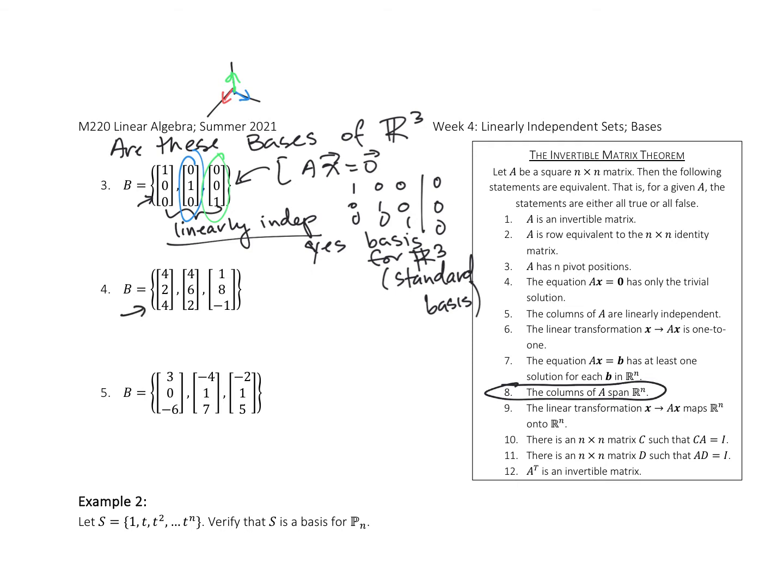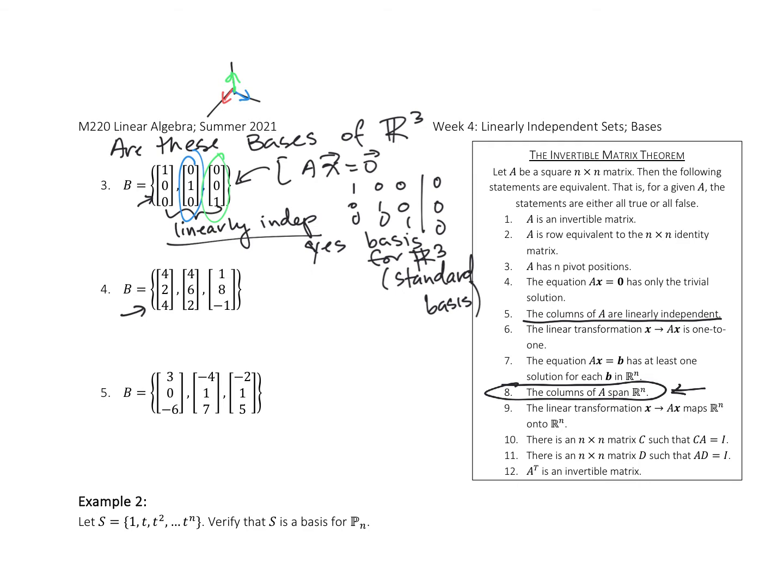Now, each of these vectors is in R^n. So if I can show that all three of those vectors are linearly independent, then I know that the columns of A are linearly independent, which tells me that the columns of A would span R^m, which gives me my second qualification for it to be a basis, right?